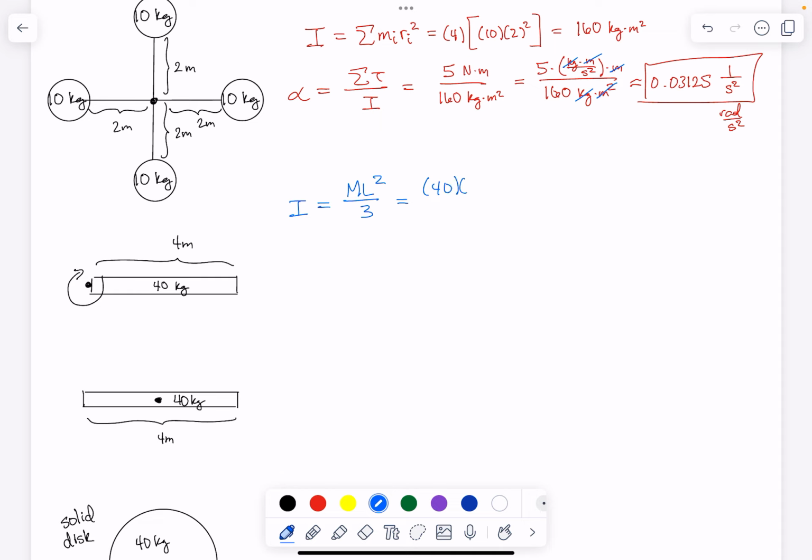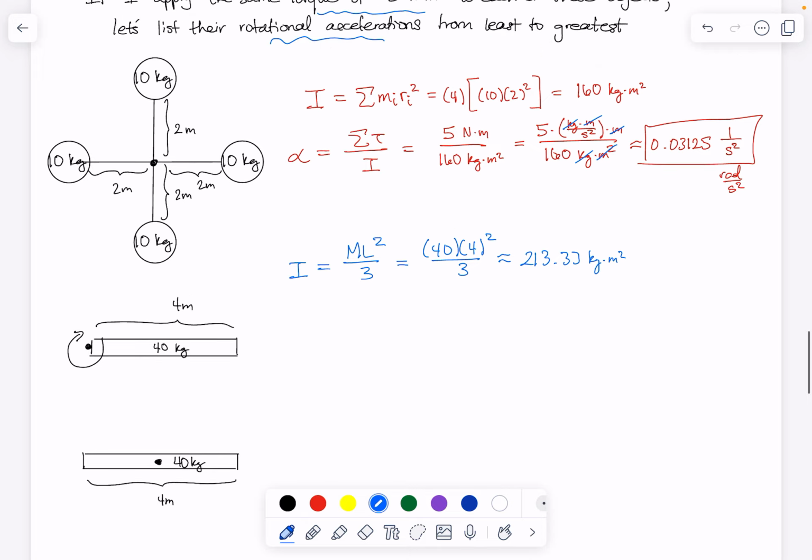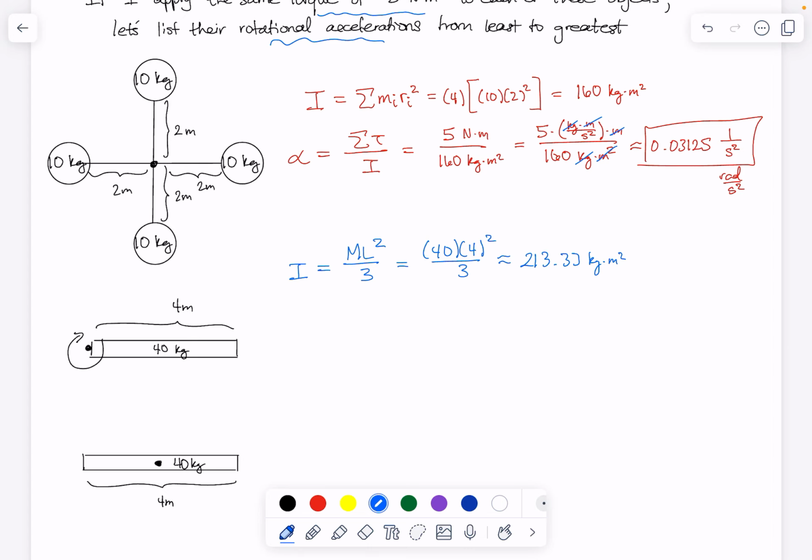This is also good practice with just using these rotational inertia formulas, which is why I wanted to do this problem. Okay, let's get an answer here. 40 times 16 over 3. It's going to be 213.33 kilogram meters squared. So notice this has a bigger rotational inertia.